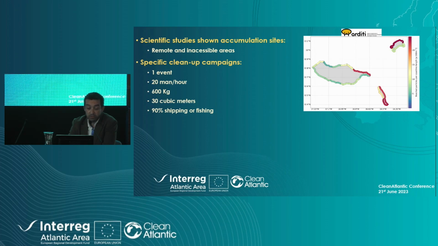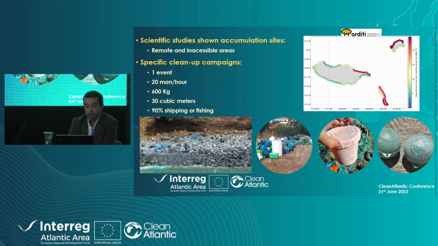And so in 2019, we did a specific cleanup campaign on that site. In one event, just 20 man-hours, 1 hour, we retrieved 30 cubic meters of litter. And on the first site, 90% of it was shipping or fishing. So let's call it navigation, anyone that's working on the sea.